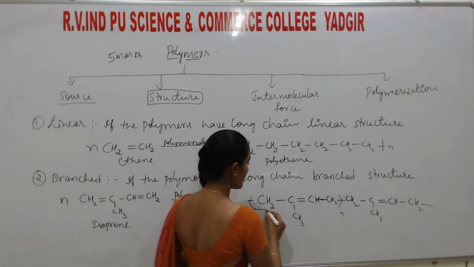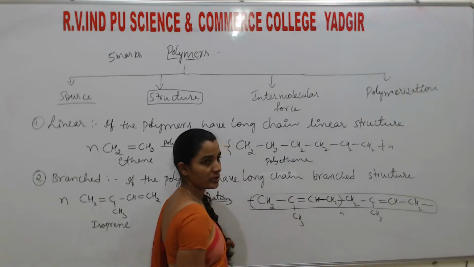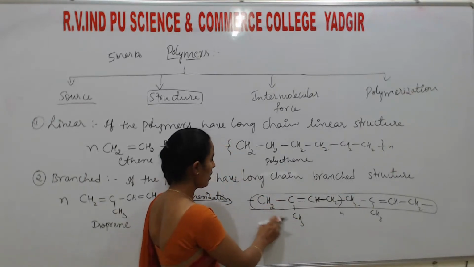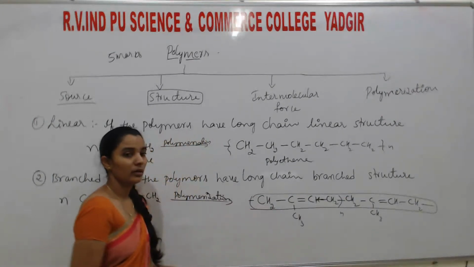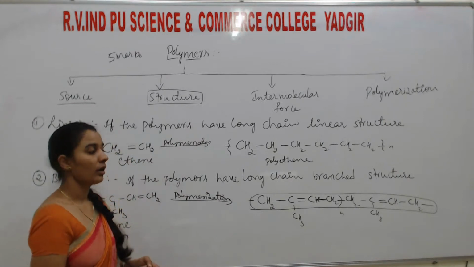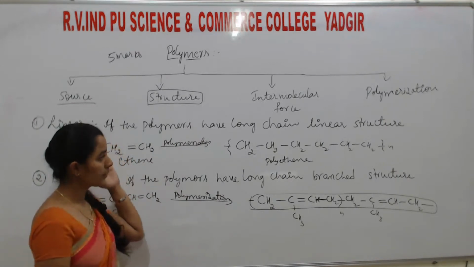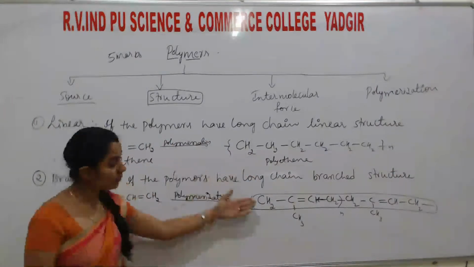Here, students, this is a straight chain along with a branch. So this is called what? Branched polymers. Linear means straight chain polymers.